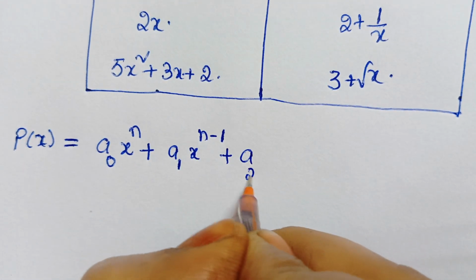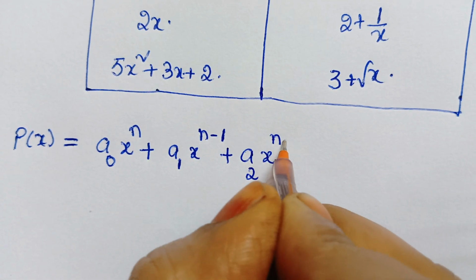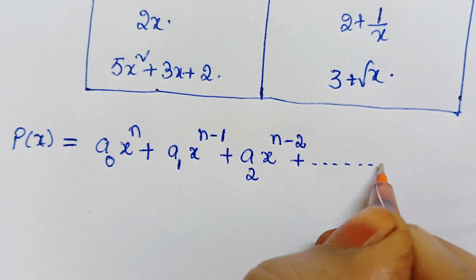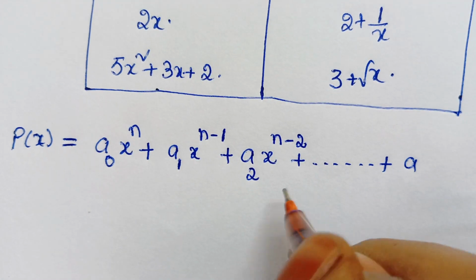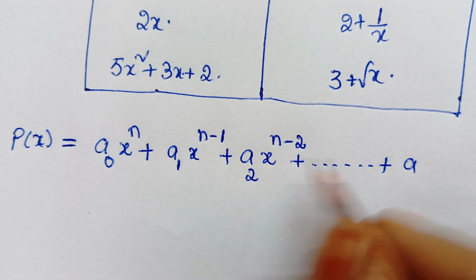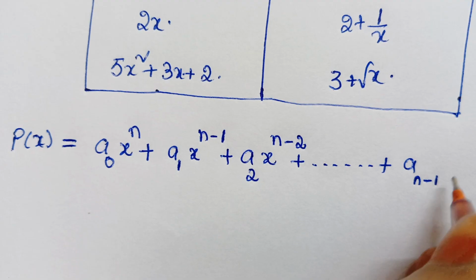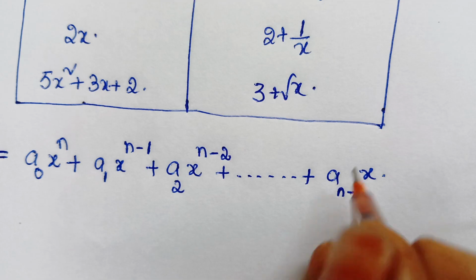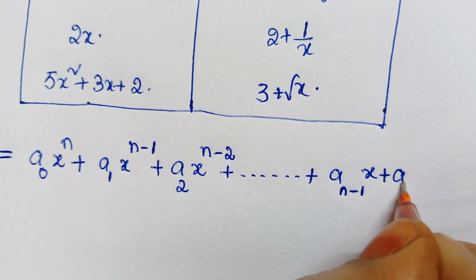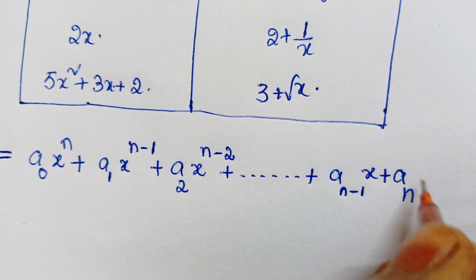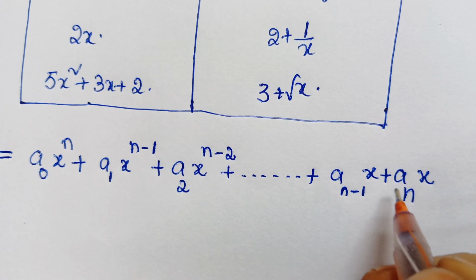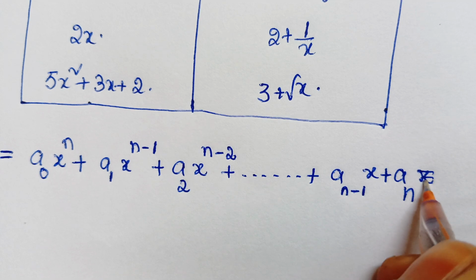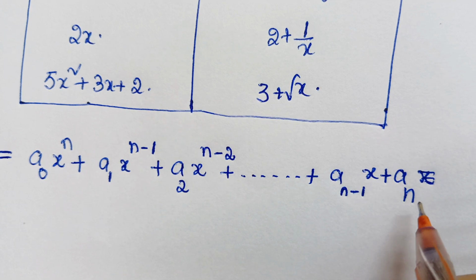Next term a2 x power n minus 2, plus and so on, until plus a(n minus 1) x, plus the last term a n. Here x came only in the previous term; the last term is a n.